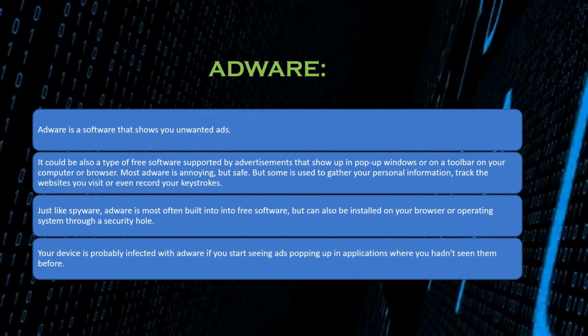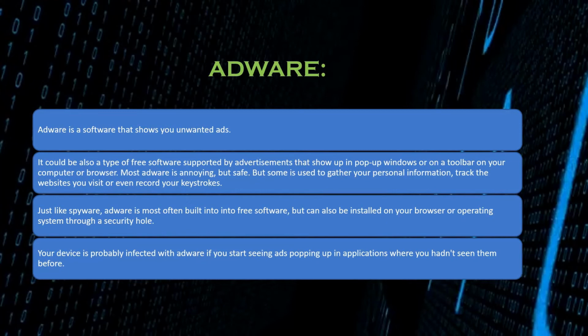That's the thing about adware. Sometimes it's also used to gather your personal information like spyware and track the websites you visit, right? So sometimes it also acts like spyware.